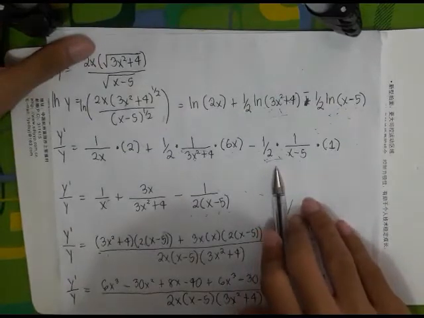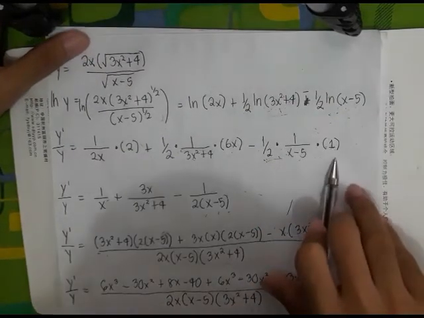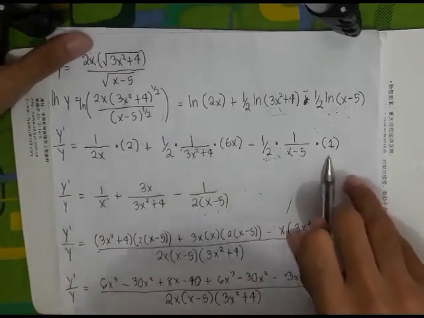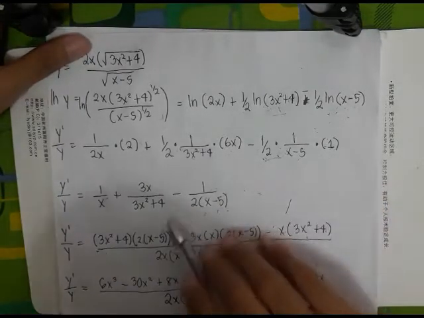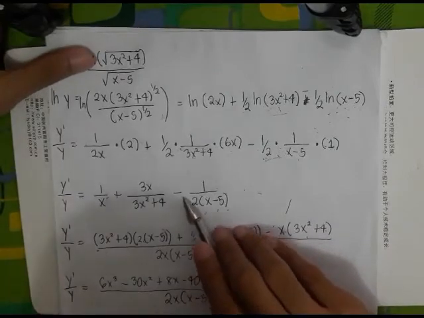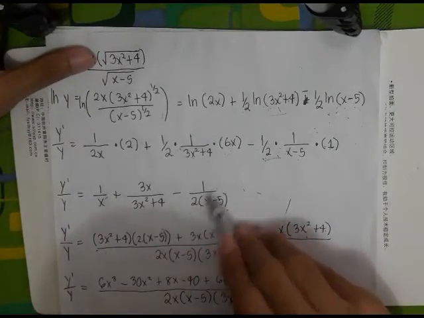And 1 half times 1 over x minus 5 is minus 1 over 2 times x minus 5.